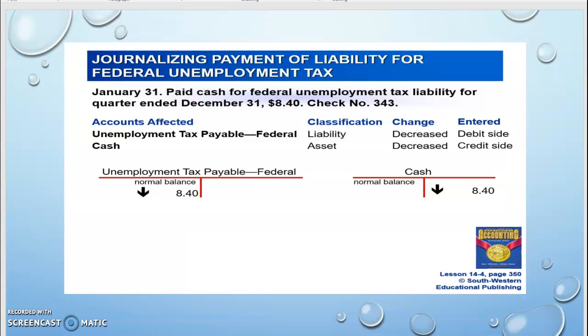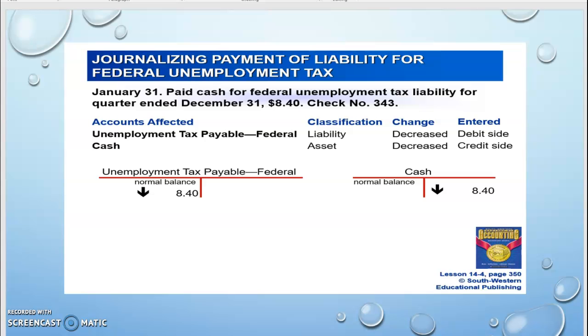Next transaction is journalizing payment of your liability for the federal unemployment tax. So it would read this way: pay cash for unemployment tax liability for the quarter ended December 31st, $8.40. Remember, these are the employees that haven't yet made $7,000. So unemployment tax payable, which normally has a credit balance, is being debited for $8.40.